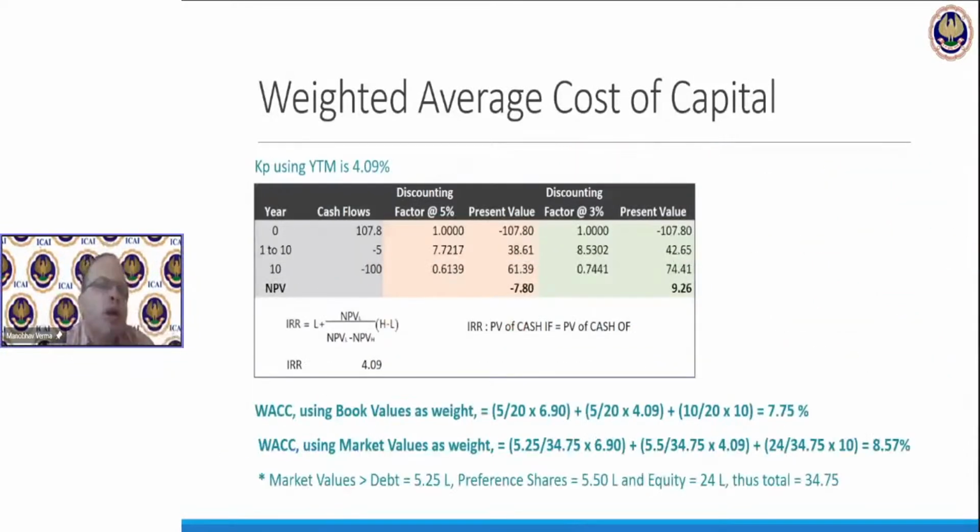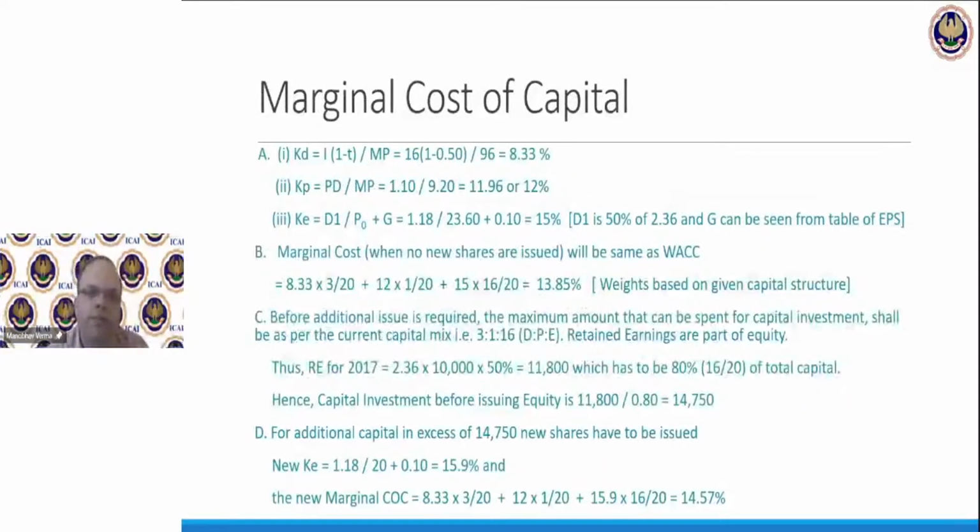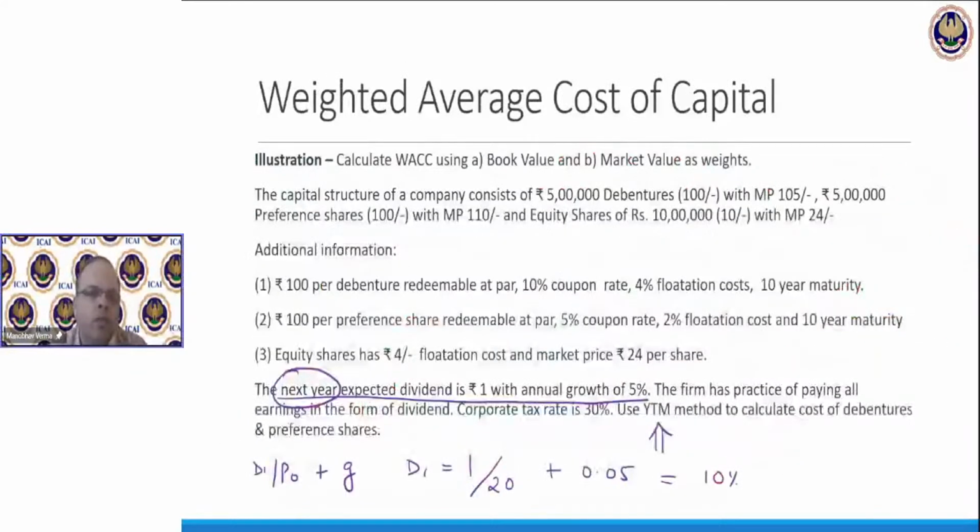Similarly, can we also do a cost of preference shares using YTM? Now, what is the preference share scenario? We are looking at preference shares at a market price of 110 and 2% flotation cost. So we're looking at 110 minus 2%.